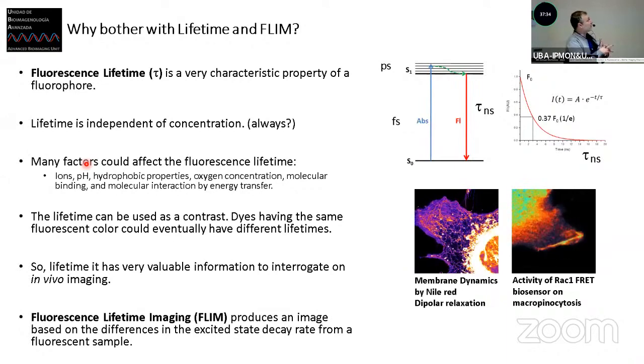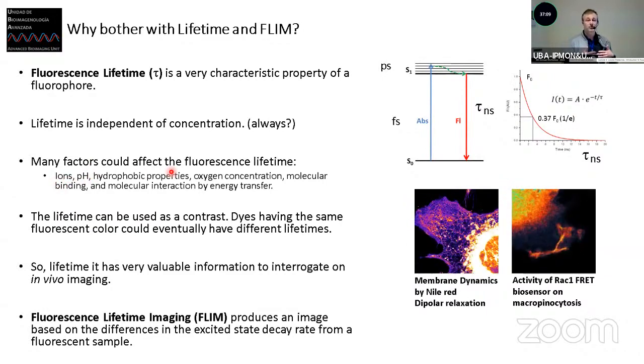And also, as they've mentioned, there are many, many factors that affect the lifetime. And this, rather than being a bad thing, is a very good thing. We have the capability of measuring what is going on in the environment of the fluorescent molecule. We can measure ion concentration, pH, hydrophobic properties.